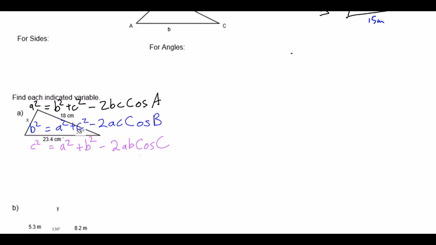Now, let's talk about the angle formula for these. So if I was looking for the angle A, we would actually take a look at this equation here, and you notice how it has cosine A. So what we would do is we'd rearrange the equation and it would look something similar to this.